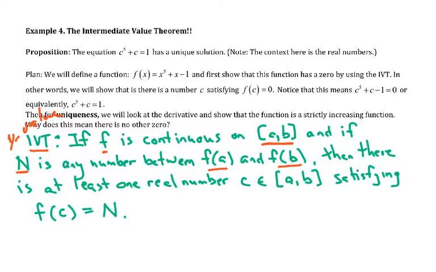If you satisfy those two conditions, then the result we get is that there's at least one real number c in this interval. C is an x value, satisfying f of c equals n. So we're going to use this theorem to tackle this next proposition.